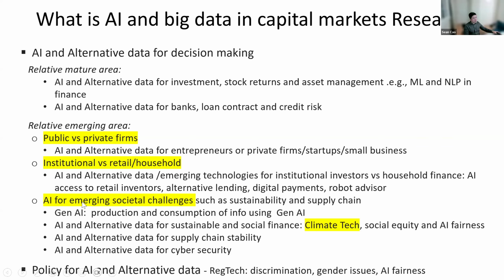And AI can address a lot of societal challenges. We have a climate issue, we have supply chain stability, we have cybersecurity issues. AI can address a lot of emerging issues. So these are relatively new topics, but the challenge is data, the challenge is methodology, the challenge is what kind of question. But the good thing is there's less competition in this field.